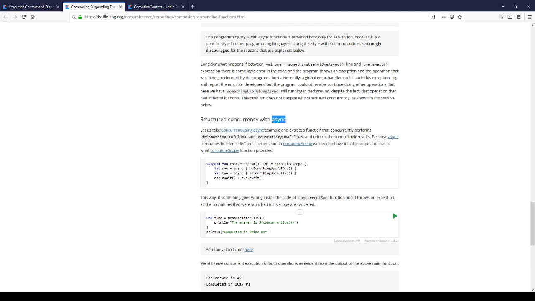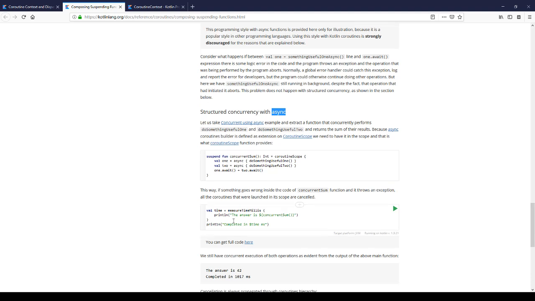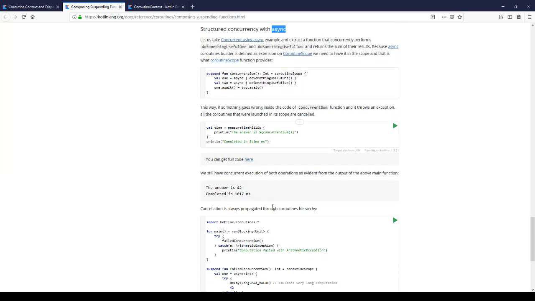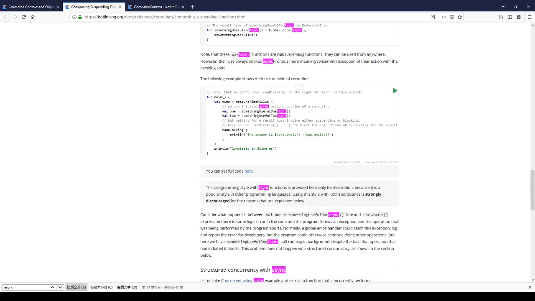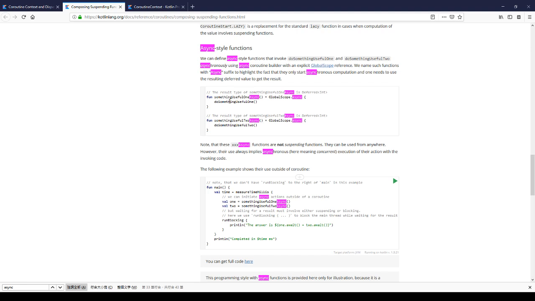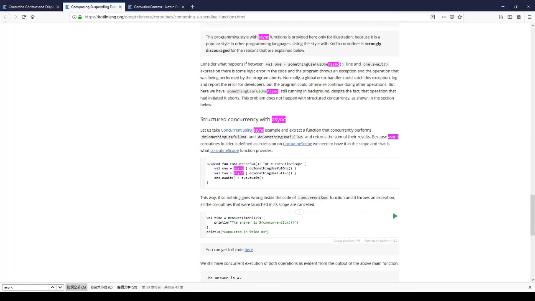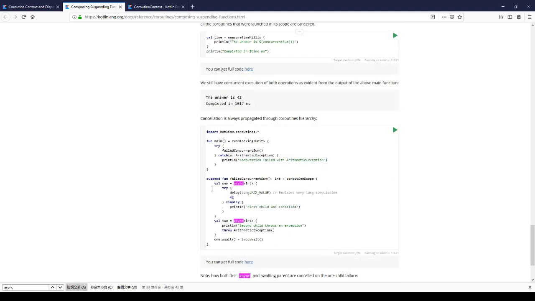Async. Where's that async? I don't see any async here. Oh, here it is. It's a coroutine builder, and it does something useful. Oh, I remember now. So async means don't run it until... maybe actually no. Wait.